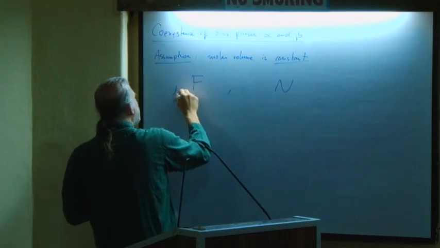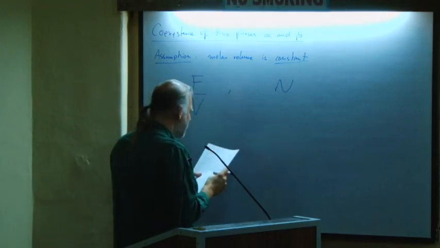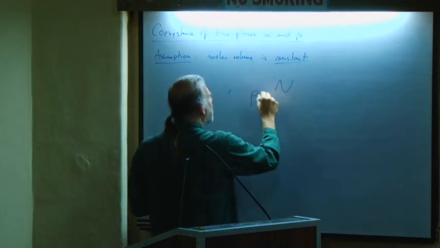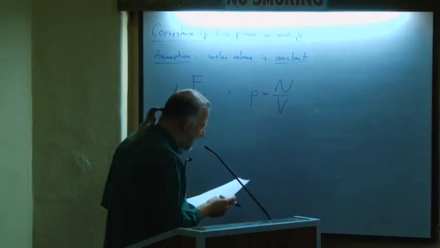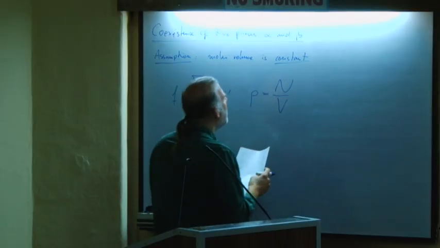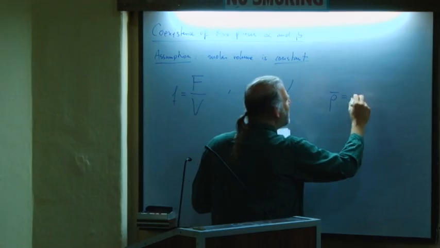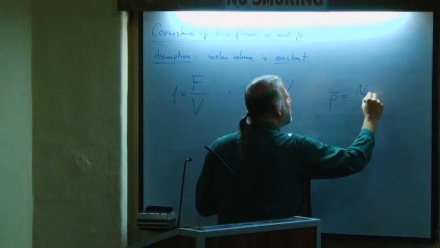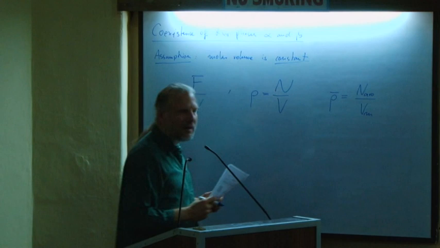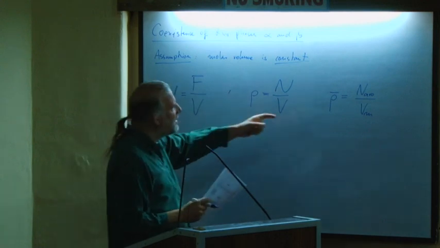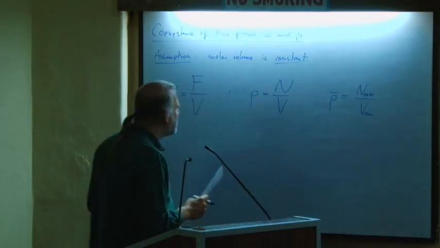So I can form the little f, which will be F by V, and I will define that rho is a number density, that is the number of particles per unit volume. And I will define a rho bar, which is just the quantity that I have introduced before, that is the Avogadro number divided by the molar volume. So this is just the constant number density in this mixture.